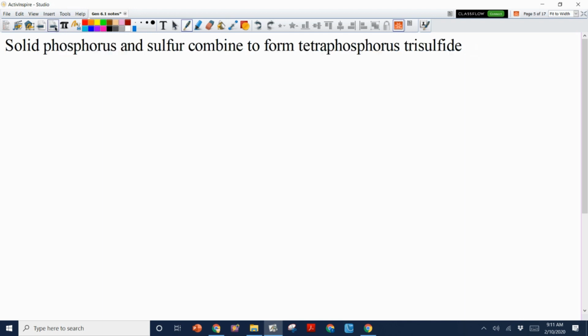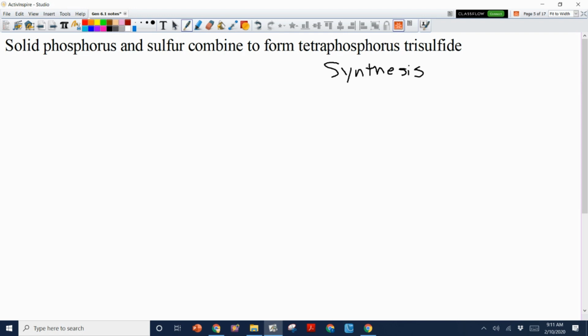All right, the next type of reaction that we're going to talk about is called a synthesis reaction. Synthesis means to make. So we're taking 2 elements and we're going to put those together to make a compound.